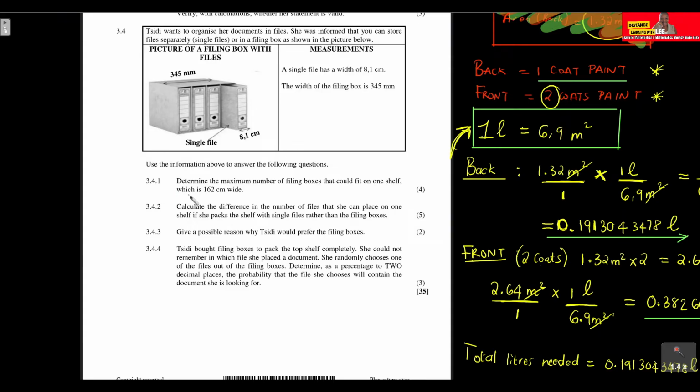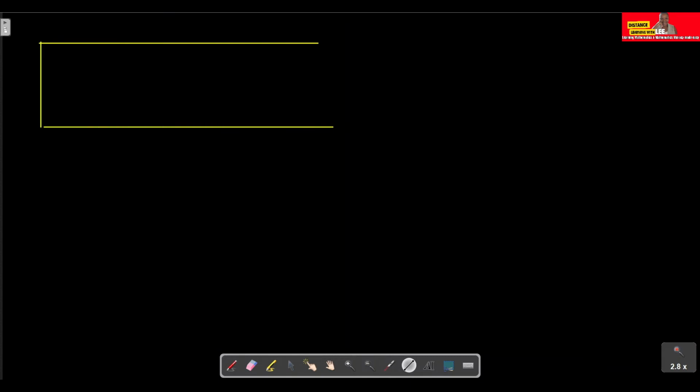Question 3.4.1 says determine the maximum number of filing boxes that could fit on one shelf, which is 162 centimeters wide. So here we are told that a shelf is 162 centimeters wide.